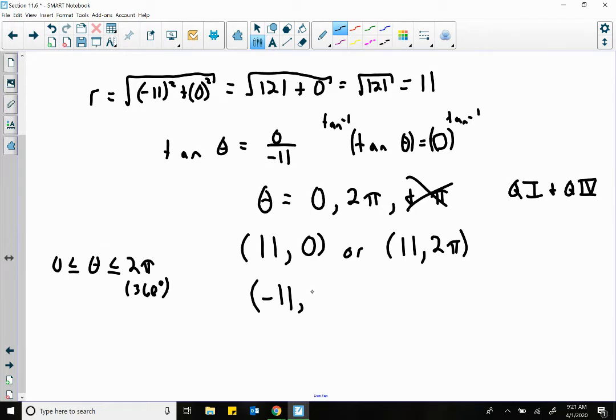So if I add 180 or add pi, I get pi. Same thing over here. Again, I can't add pi because that gets us over this. I can't, but I can subtract it, which brings us back to pi. If I subtract pi, that takes us out of the range. So these all are answers. And again, if you need the degrees, that's 180. If you need degrees for 2 pi, know that that's 360 degrees. And there you go.